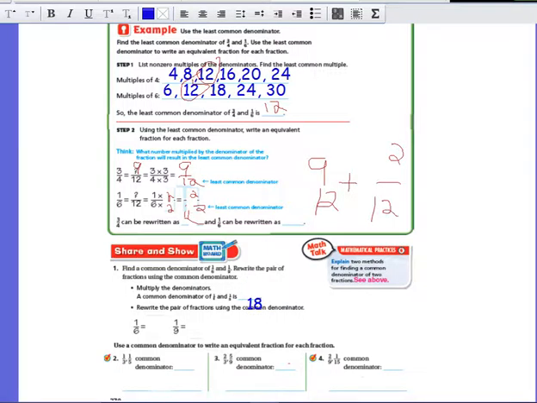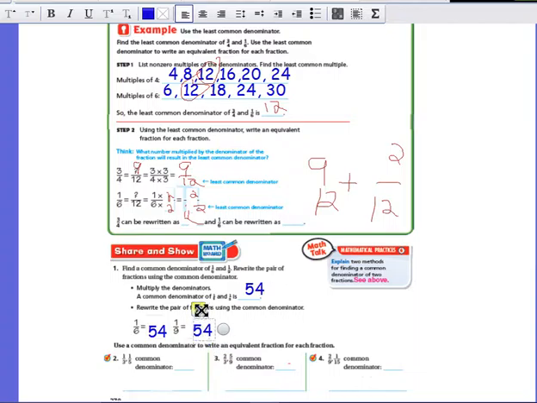Nope. 54 when I multiply those two together. So how did I get to 54 here? I took it times 9. So my denominators will both be 54.